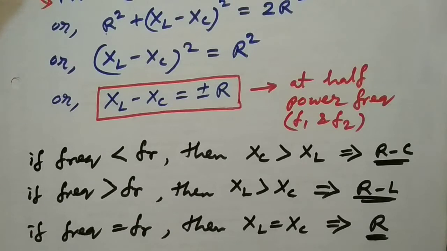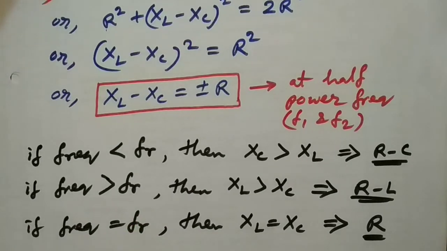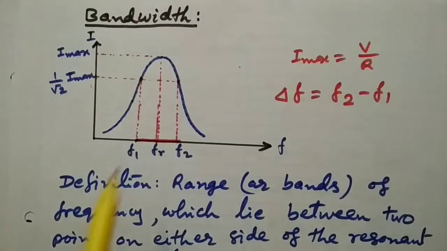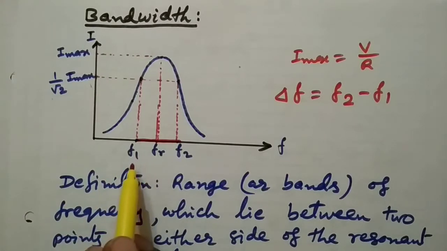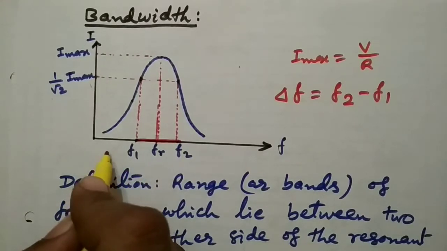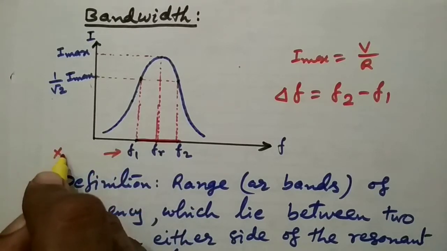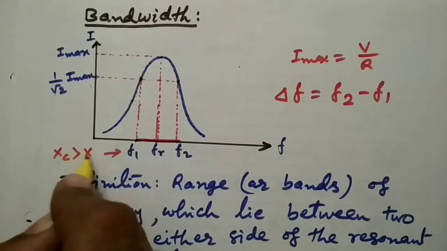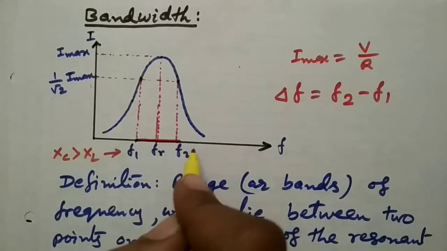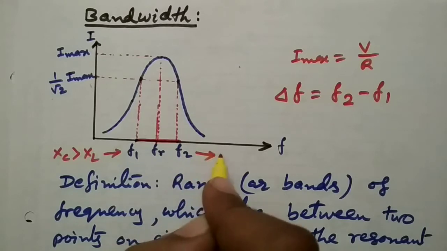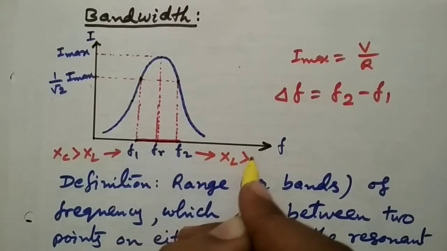From the resonance curve, we have already seen that F1 is lower than the resonant frequency. So at F1 the nature of the circuit will be capacitive, because XC will be greater than XL. And at F2, which is more than the resonant frequency, XL will be greater than XC.